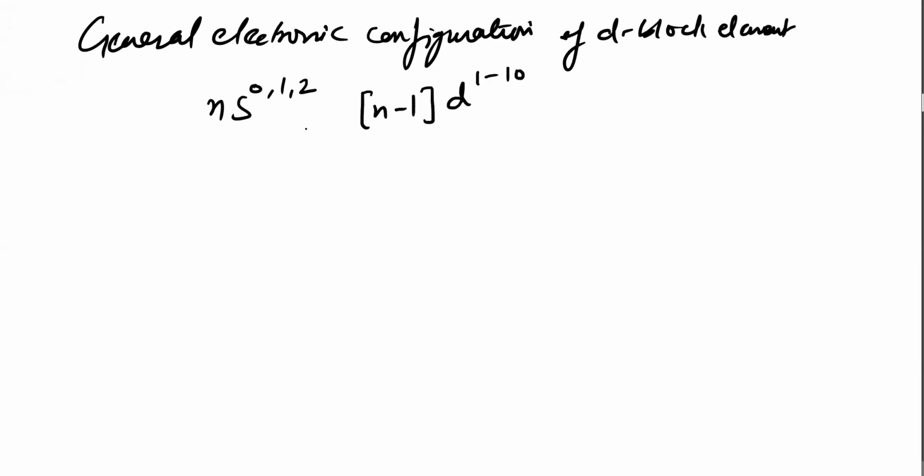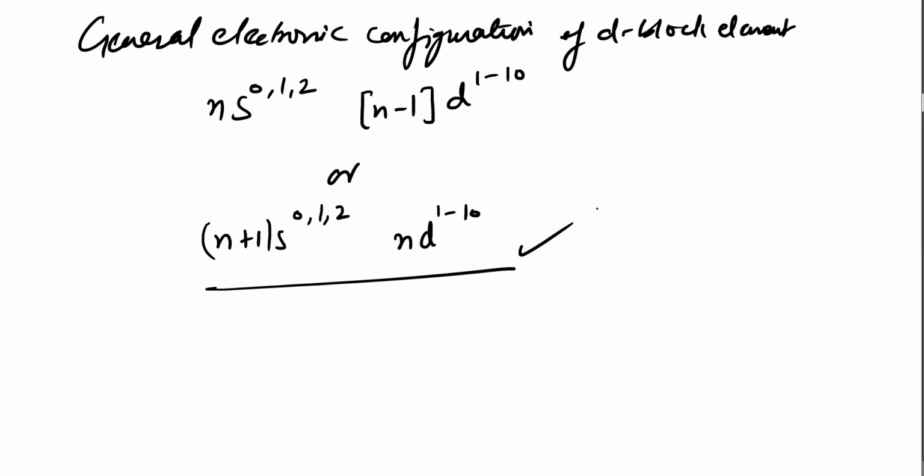Okay, means it can have 0, it can have 1, it can have 2. General is this one. Okay, and or we can say that (n plus 1)s0, 1, 2, and then nd1 to 10. Okay, this can be also written. Got it?